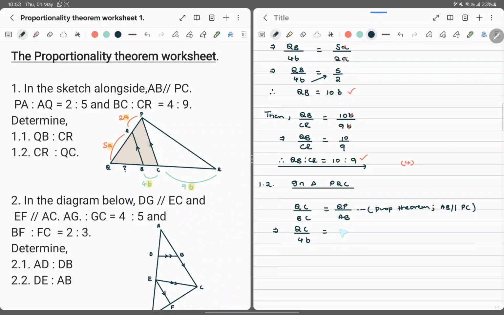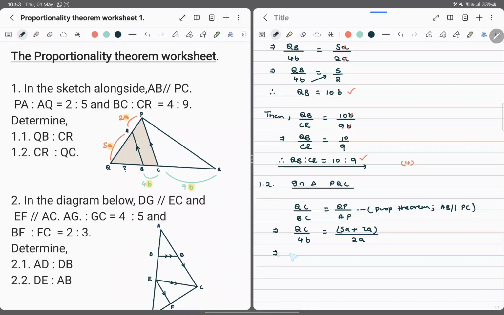is equal to QP. Now QP is going to be 5A plus 2A, right? Because it's QA plus AP, all divided by essentially AP. Did I say AB here? That was meant to be AP. Sorry for that. I'm sure you guys picked it up. So this is 2A. All right.